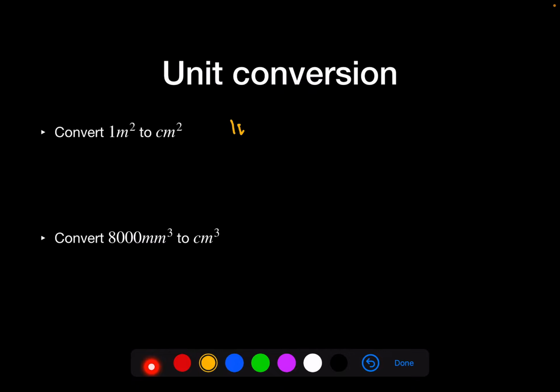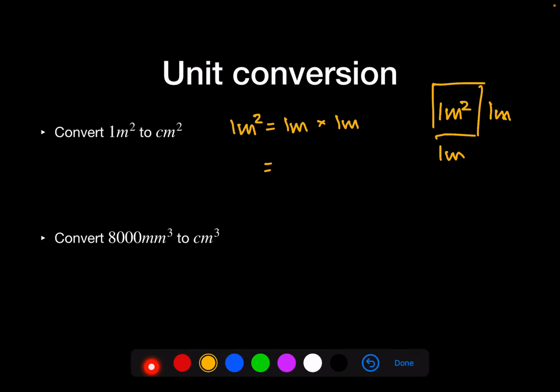So 1 square meter is just 1 meter times 1 meter, right? So imagine a square that has sides 1 meter, 1 meter. When you take 1 meter times 1 meter, you get the area 1 meter squared. So we have 1 meter times 1 meter, and we convert that to centimeters.